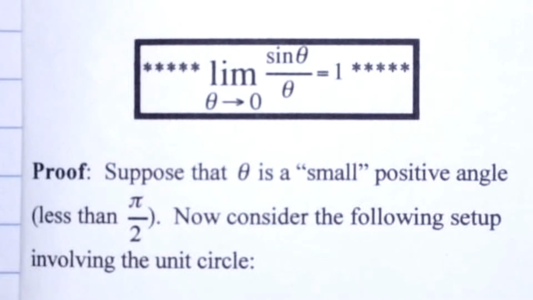And implicit in what I just said is the further supposition that the angle is positive. So the angle is between 0 and pi over 2. Now for negative angles, you could come up with a very similar proof. But anyway, let's consider the unit circle.